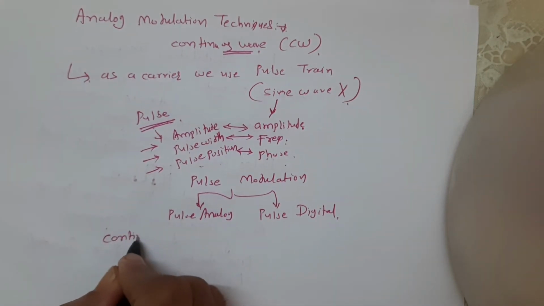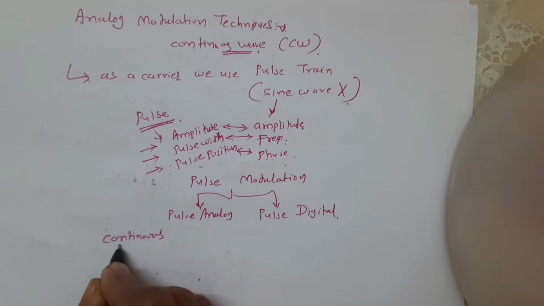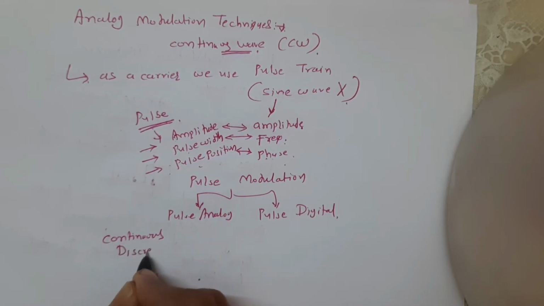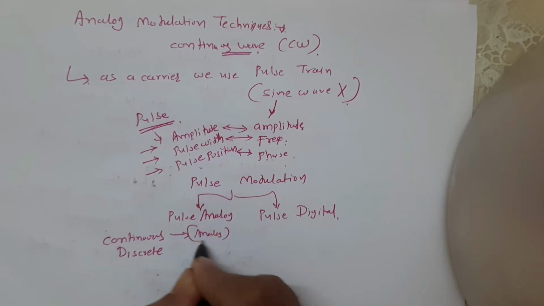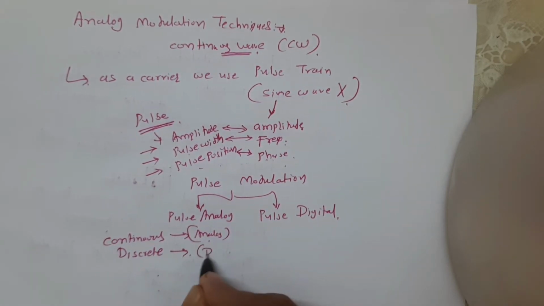Continuous means analog, approximate, and discrete means digital.